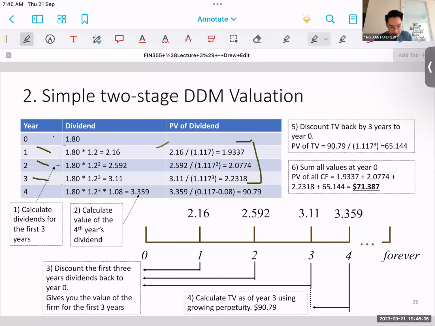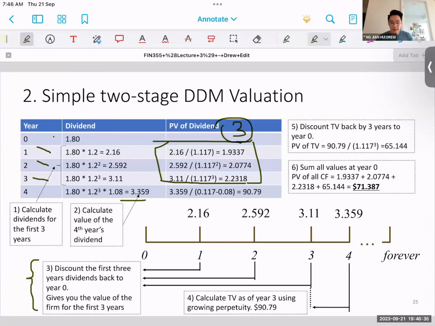So this is basically the PV of the 3 cash flows. After we calculate the dividends, we discount these 3 cash flows back to year 0 to give you the value of the firm for the first 3 years, which is what we have done here.